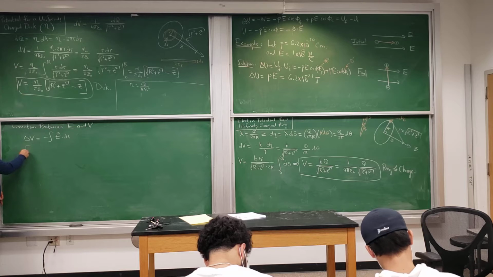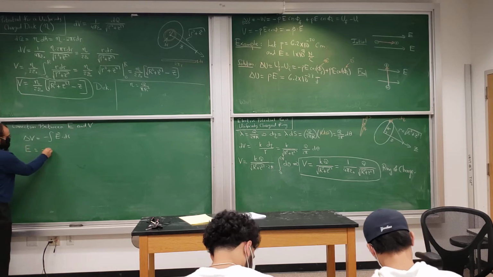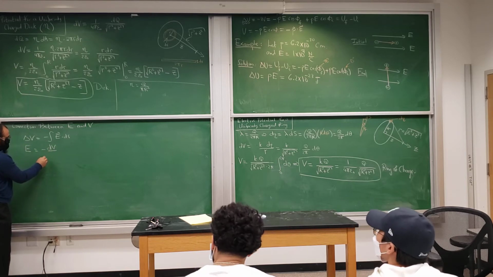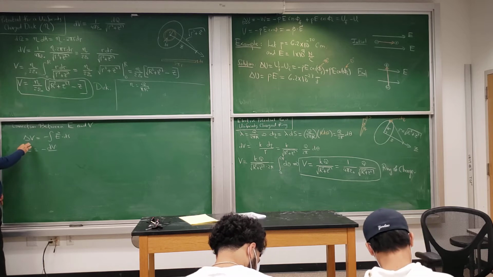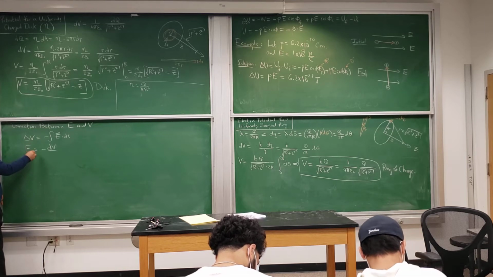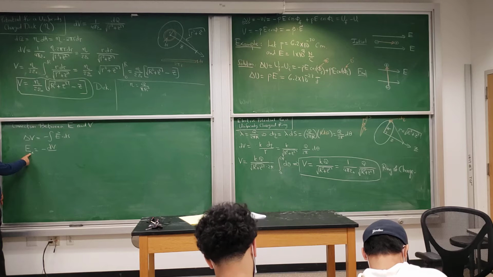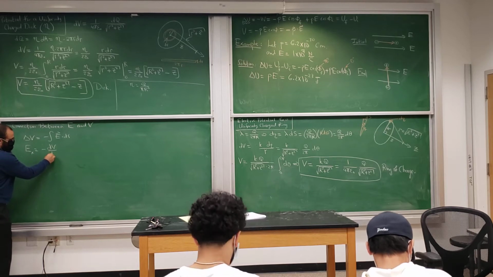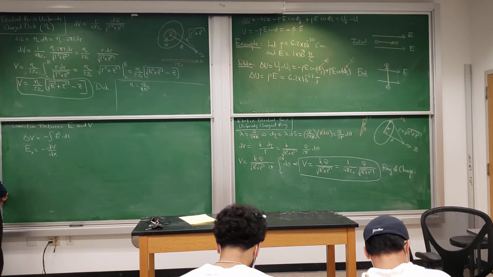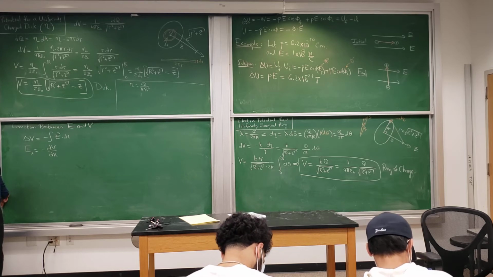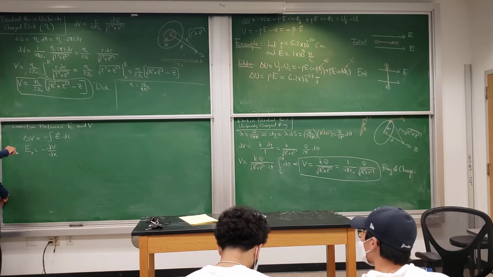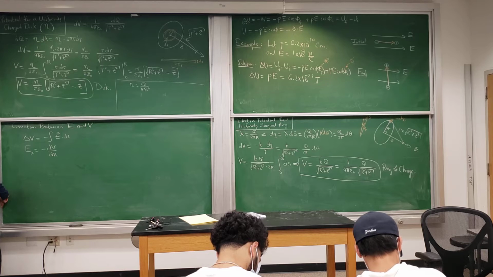So the electric field will be minus dV/dr. Let's say if V is a function of x, then you'll just have an x component of the electric field, minus dV/dx, just like when we had the parallel plate capacitor, the electric field was in the x direction. And so that's what we have.